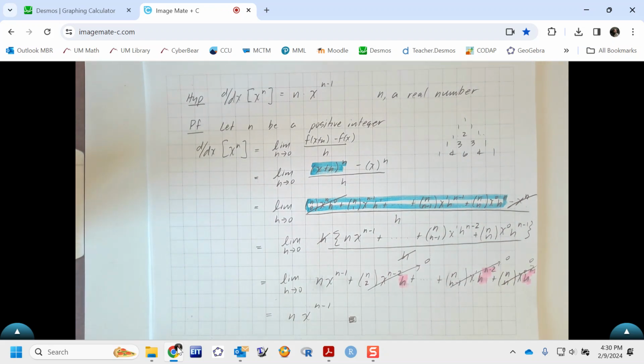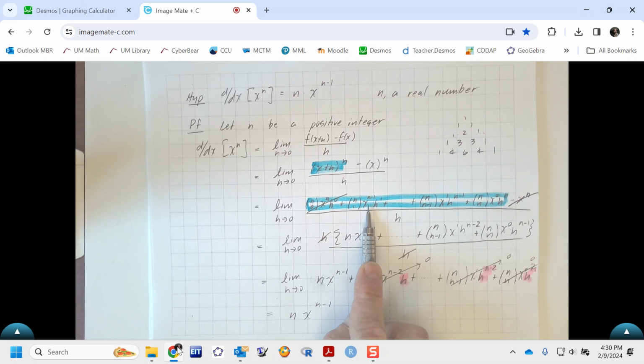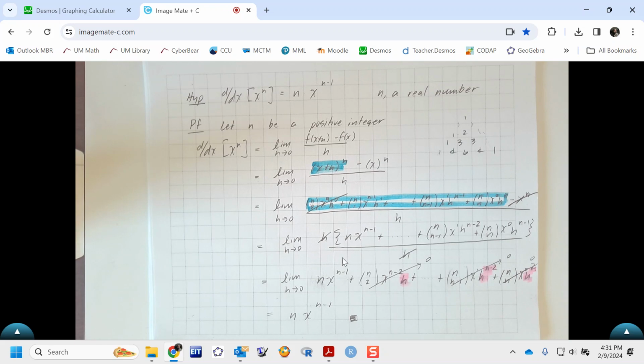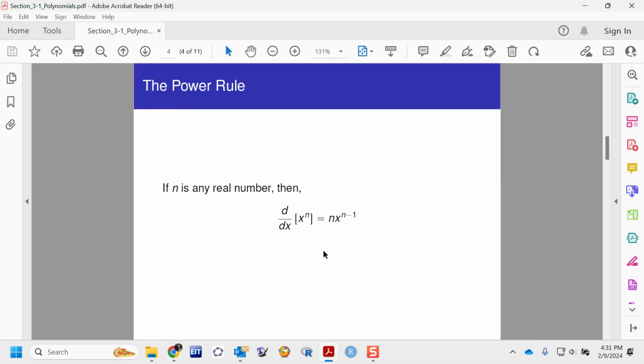But in the end, it really comes down to that second term in the binomial theorem as the only term that comes through without an h, because it's the only one with an exponent on h equal to 1, which then cancels with the h down below, after the first and last terms cancel each other out. So that's the idea. Complicated argument for sure, but now we can just assume it's true for all n, at least these n's that are positive integers. And again, just impressing on you, there's more to this story coming later.